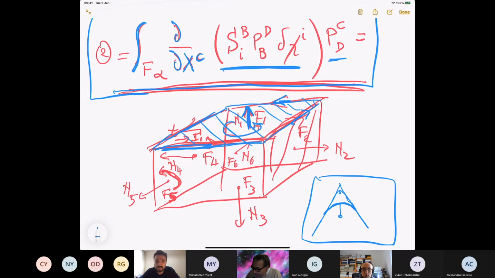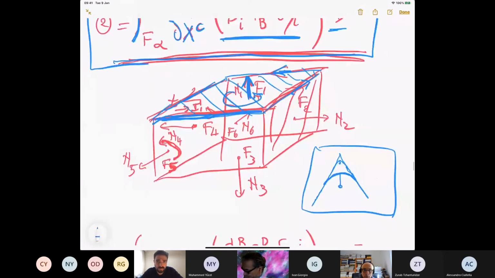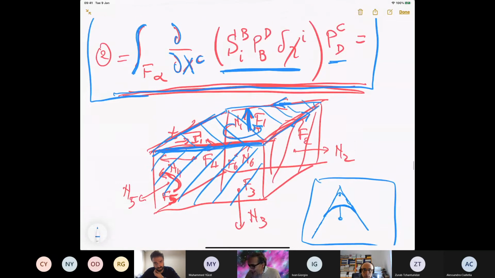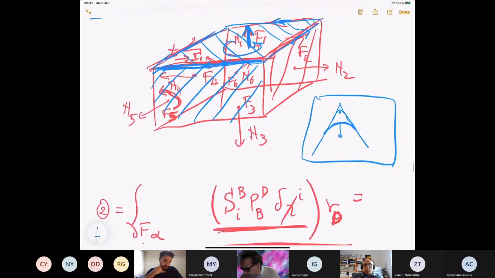This curve is both the boundary of F1 and the boundary of F5, which is this one. So when I apply the divergence theorem to F1 and to F5, this curve occurs two times, one from one side and the other from the other side.